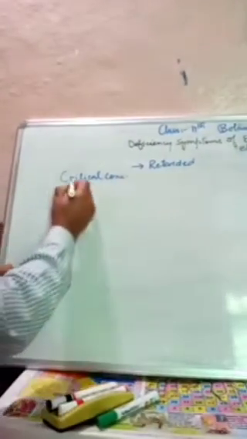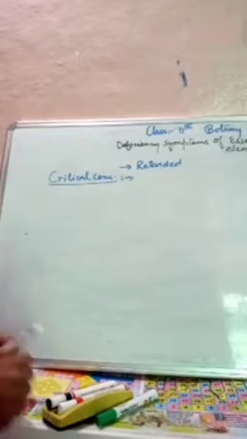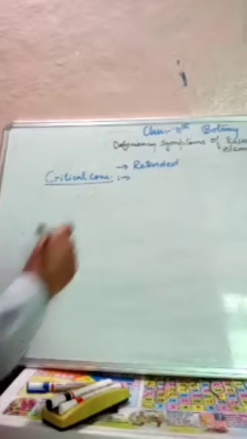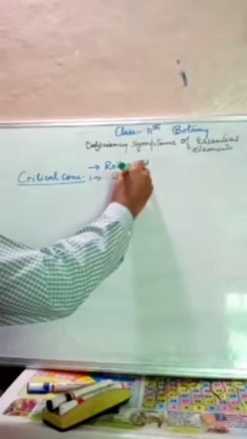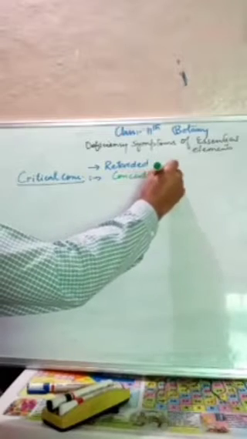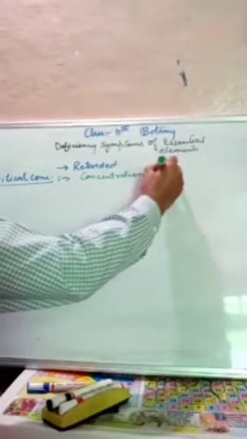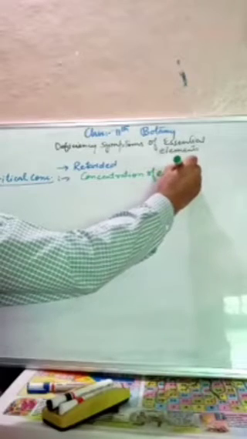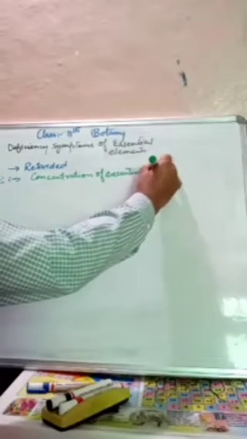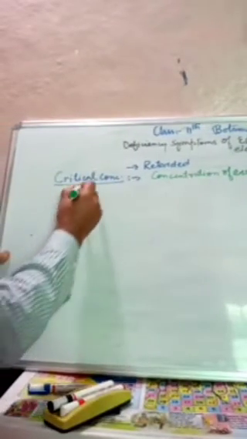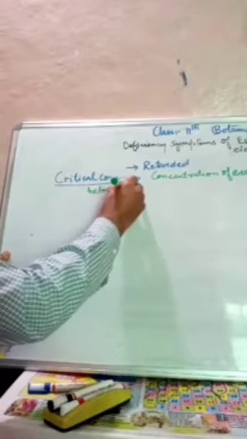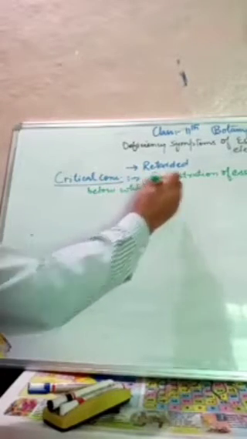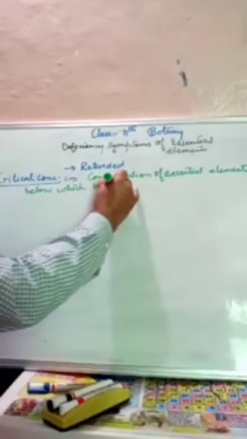We have a term called critical concentration. What do we mean by the critical concentration? It is the minimum concentration of essential elements below which the plant shows deficiency.